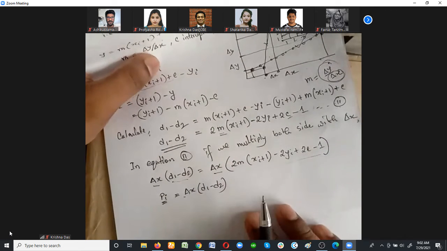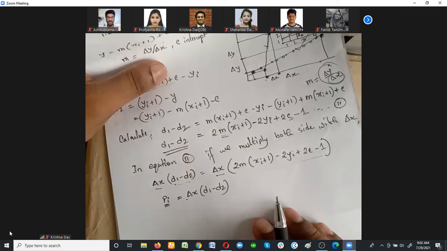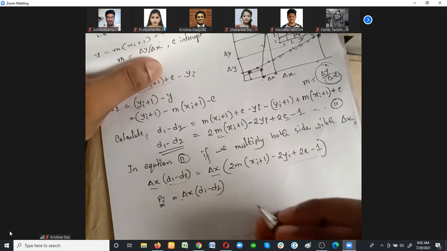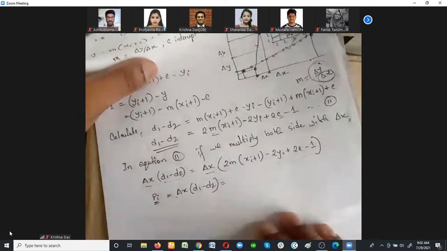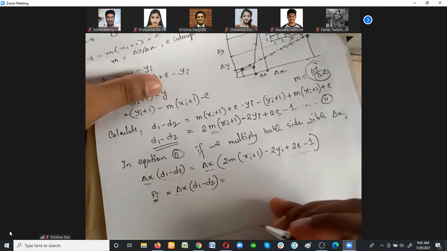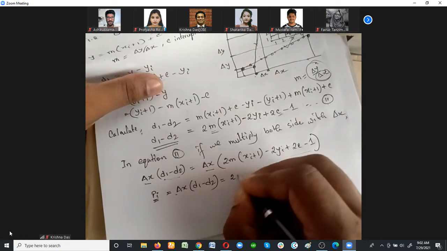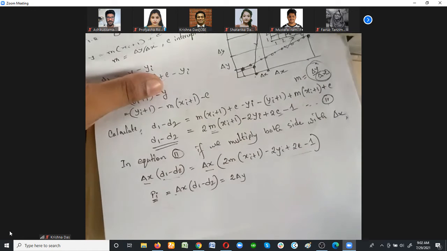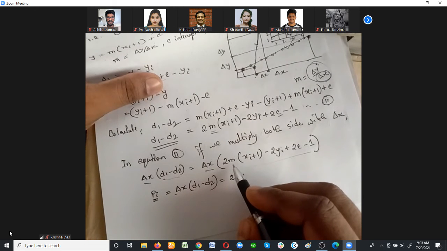Now in this case, the equation looks like this. If we multiply del x with this side, I'm not going into detail, but what we finally get is 2 del y, because m is actually del y by del x.